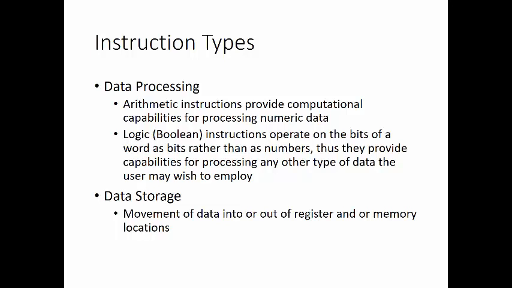Data storage is another category: movements of data into and out of the register or memory locations. And really a computer should have a set of instructions that allow the user to formulate any data processing task. Another way to view this is to consider the capabilities of high-level programming language. Any program written in a high-level language needs to be translated into the machine language to be executed.